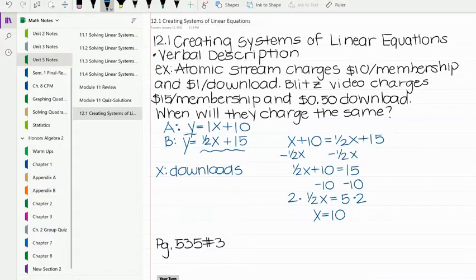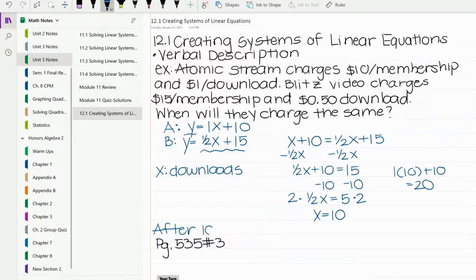And we do want to know what that amount would be. To figure that out, we could just plug in 10 for x. So that's pretty easy to see. It's 20. I am going to write a statement, because we can't just answer the question by saying x equals 10. We want to have meaning behind it.